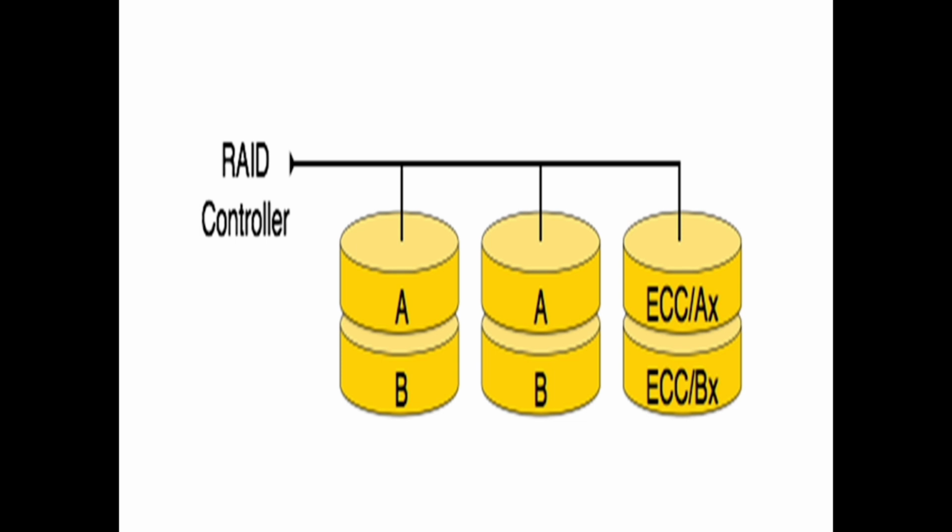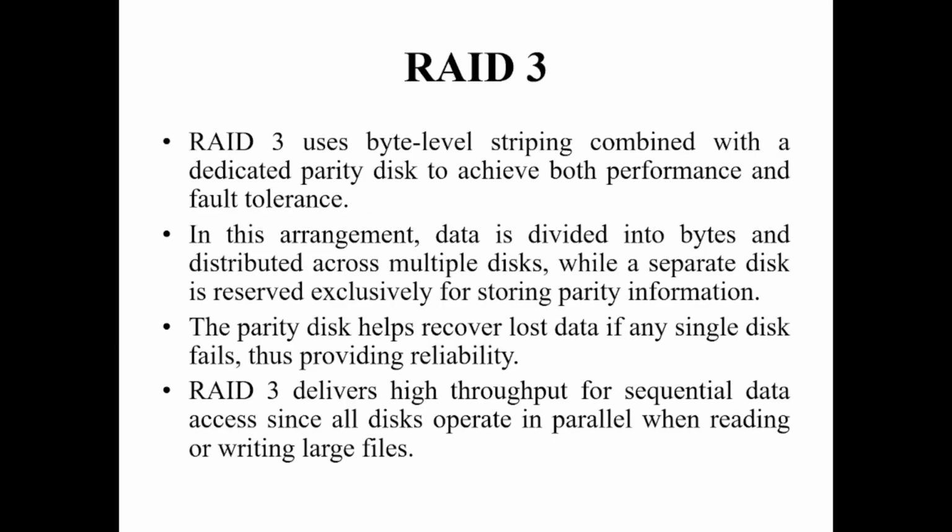By using extra information about the data, we can recover the original data easily. And an important point is RAID 2 is very complex when compared to RAID 1 and RAID 0, so it is not used most of the time.